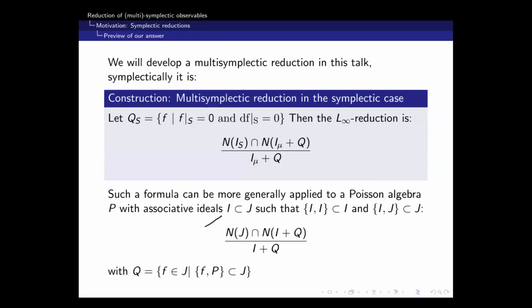So the I would be the I_mu, and the J would be the I_S. The I_S in general is not a Poisson ideal, but the I_mu is. Moreover, one can show that I_mu preserves I_S. And this is, for the algebraic procedure, the most general setting where it works.